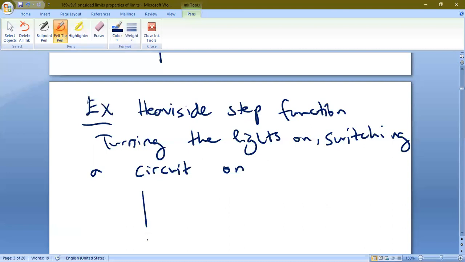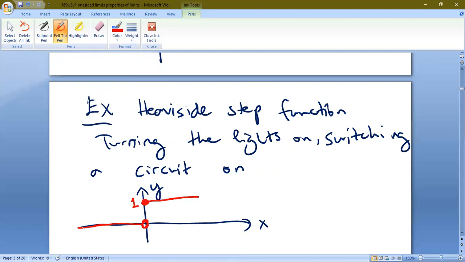So it has a graph like this. It goes 0 until we hit x equals 0, and then it becomes 1, and then it stays 1.